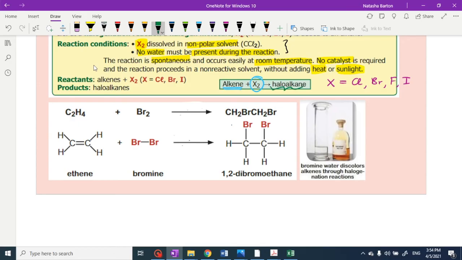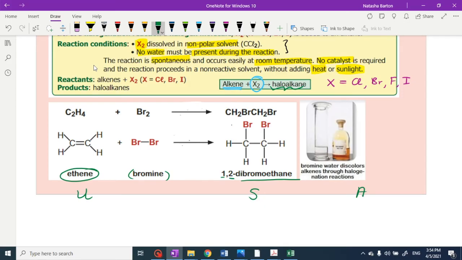So here we have ethene reacting specifically with bromine in order to form 1,2-dibromoethane.